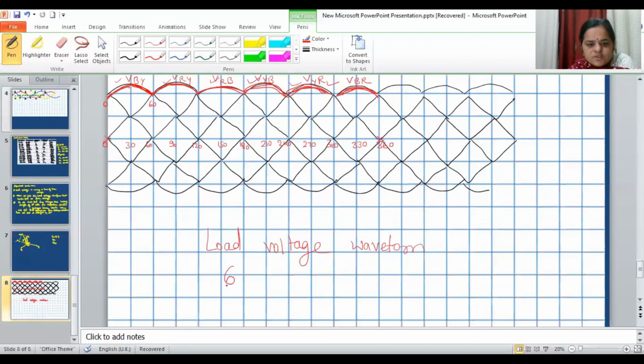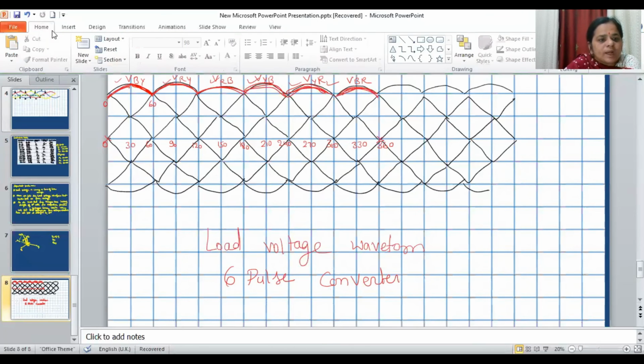So that's why it is called a 6 pulse converter, because in one complete input cycle I am getting 6 output pulses. So the 3-phase rectifier is also called a 6 pulse rectifier or 6 pulse converter.